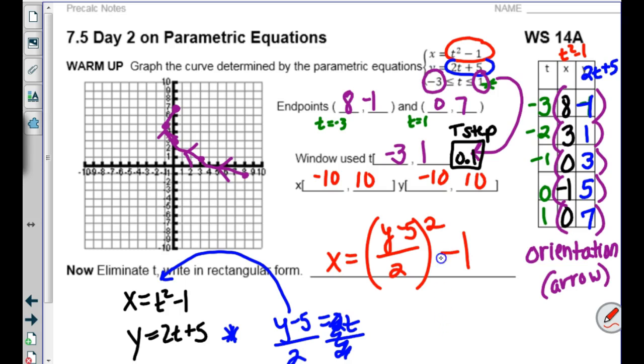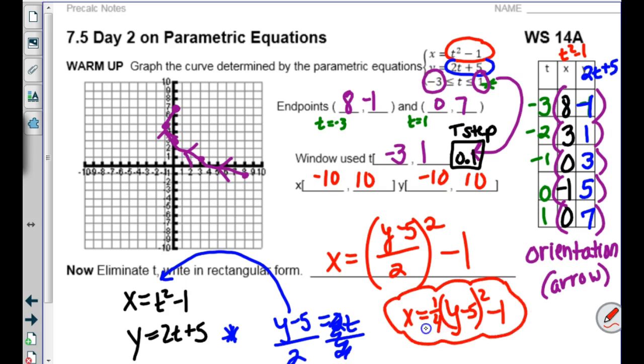If you wanted to, you could square the denominator. So you would have x equals y minus 5, I'm not going to square that quantity, but it would be over 2 squared, which is 4. Or I could move it out front as a 1/4. The only reason someone might put it in that form is because that's like a sideways vertical or vertex form of the parabola. But I'm fine with this. This is great right here. Any questions about getting rid of the t?